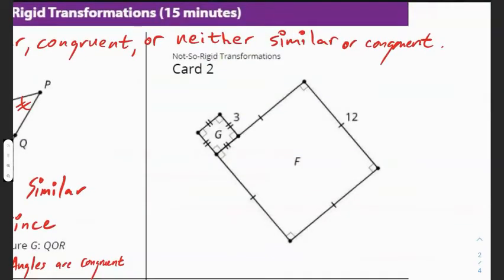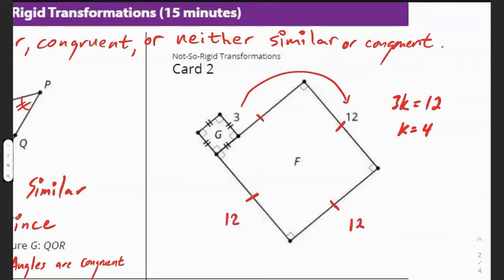If we look at card sort 2, wow, okay. They look like squares to squares. What scale factor is being applied for 3 to become 12? 4. And the congruency markings tell me that that's the case for every side.